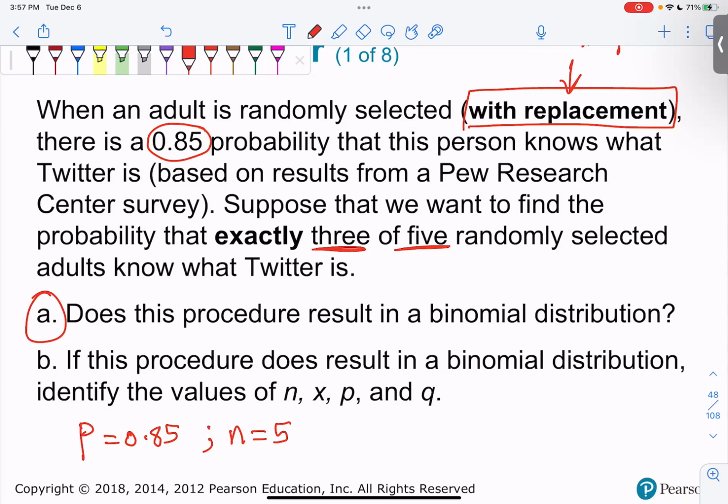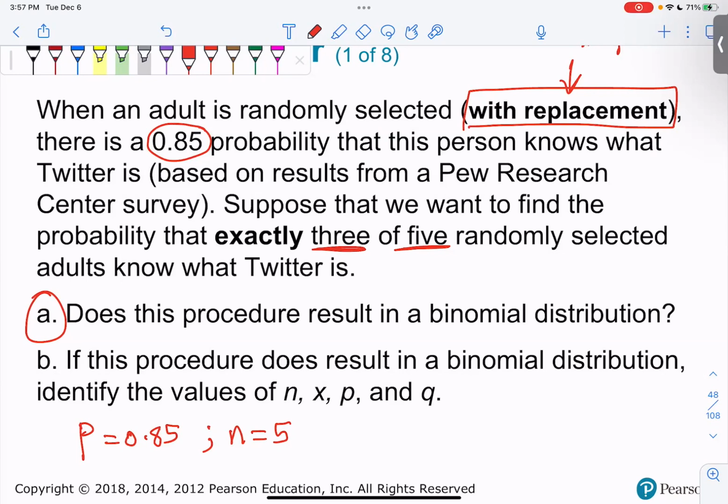The third one: we have 2 outcomes. What outcomes do we have? We have a survey with a question, and this question has how many answers? 2, right? They say yes, we know Twitter, or no, I don't. So yes, we have 2 outcomes.